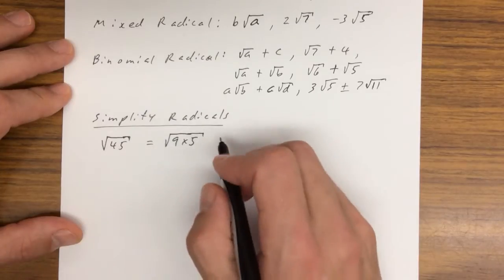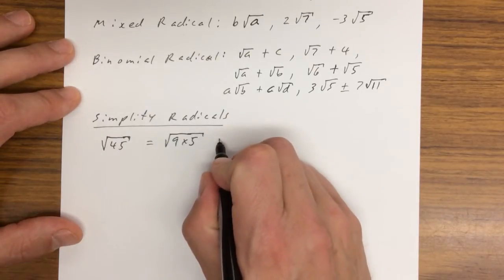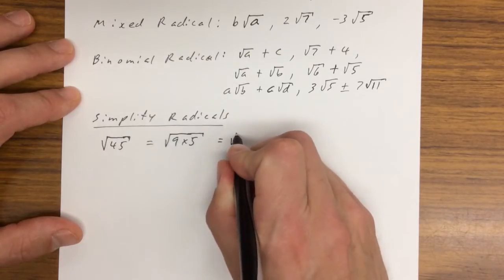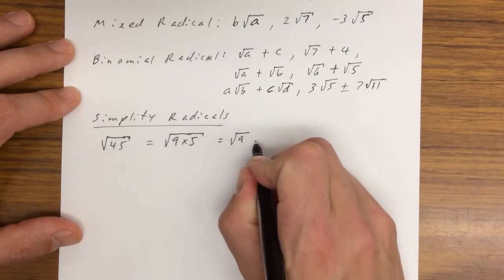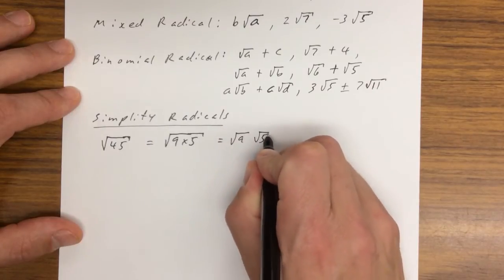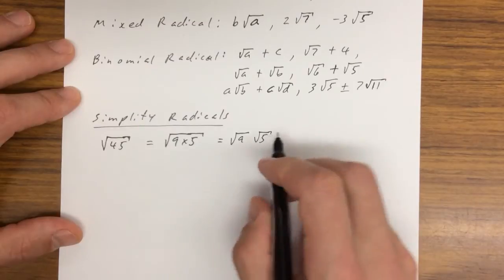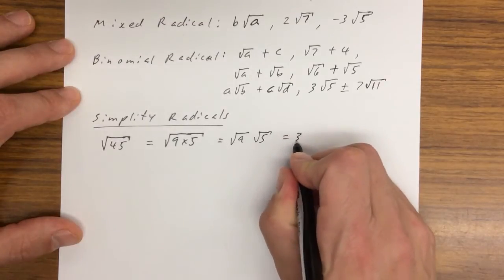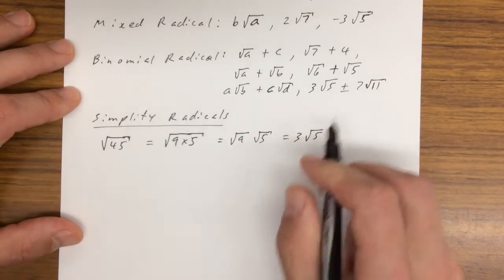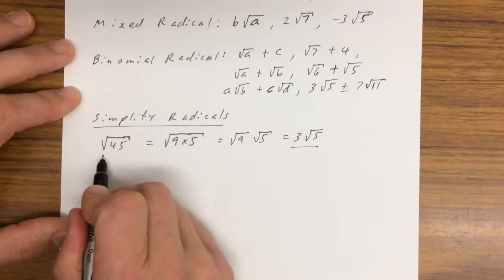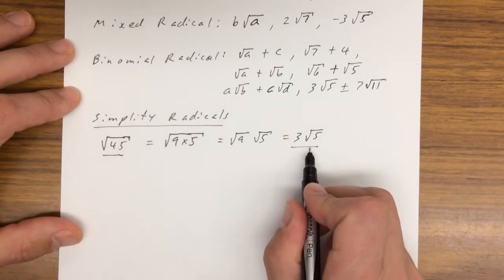The nice thing about square root is we can distribute it in, and that becomes root 9 times root 5. And root 9 is just 3. So 3 root 5.